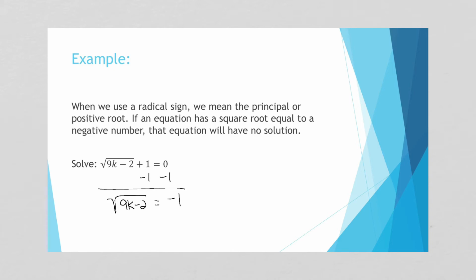So check this out. If I were to take the square root of this, there is no number that whenever I take the square root, I get a negative number. So this would actually have no solution. So k is equal to no solution. And I can actually tell that without going any further because the number on the other side of the equal sign is a negative number.